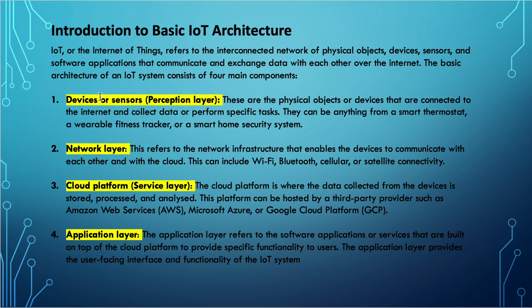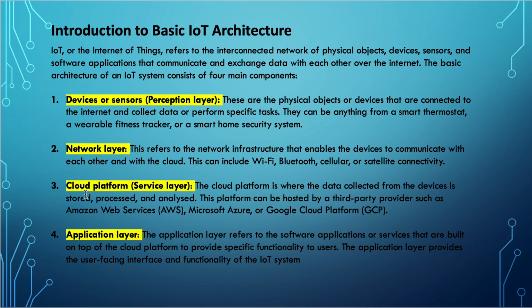And to build an IoT system, the architecture of the IoT must contain a perception layer or a physical layer, which includes devices, sensors, and hardware components. Then the network layer, which includes different types of communication, secure communication.